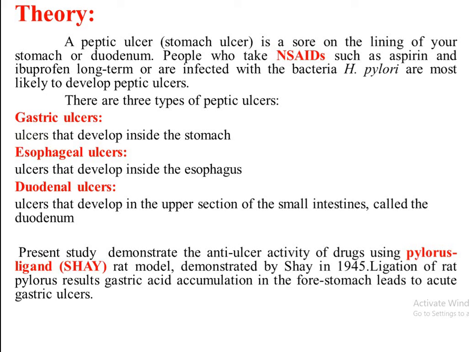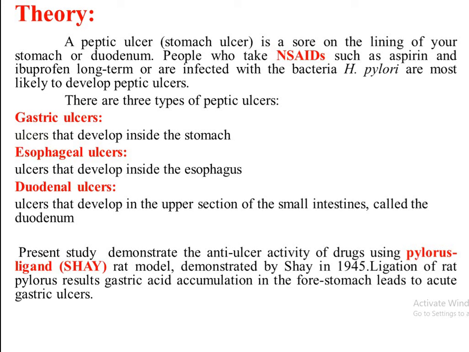Ligation of the rat pylorus results in gastric acid accumulation. What is the mechanism behind using the Pylorus ligand? Students must understand that if we ligate the pylorus of the rat stomach, the gastric content accumulation in the forestomach leads to acute gastric ulcer.